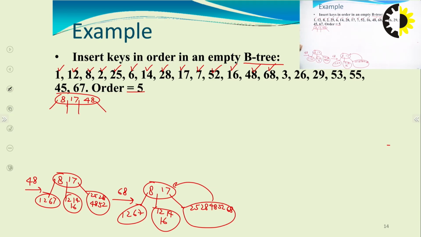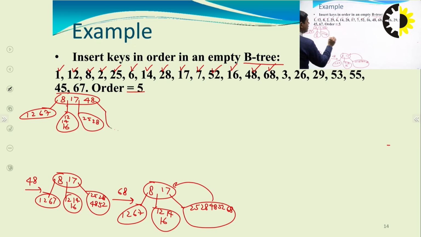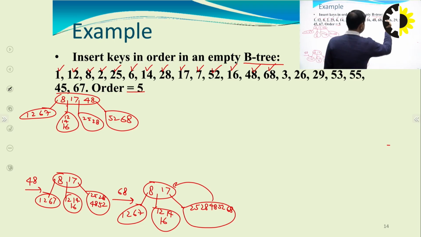That is 1, 2, 6, 7, 12, 14 and 16. Because here we are splitting, 25 and 28 will be the left side and 52 and 68 will be the right side. Now in that we can insert more values like this.